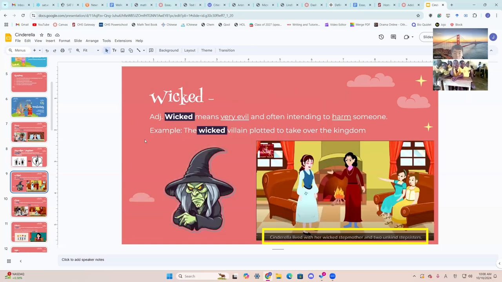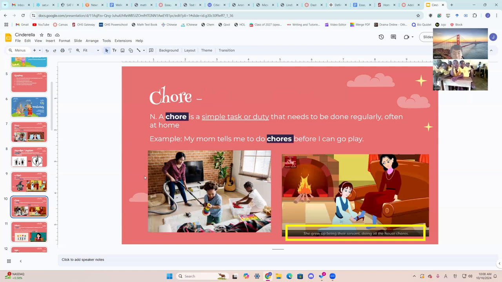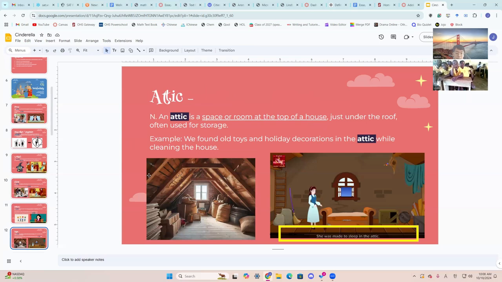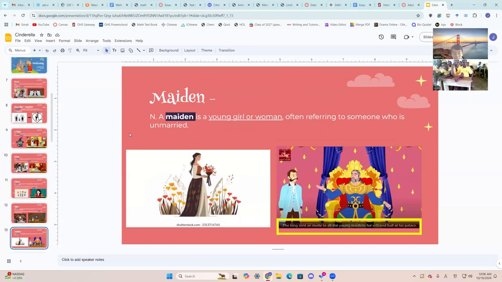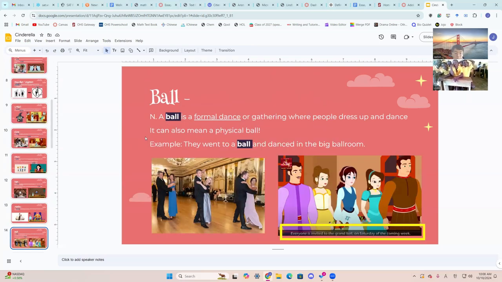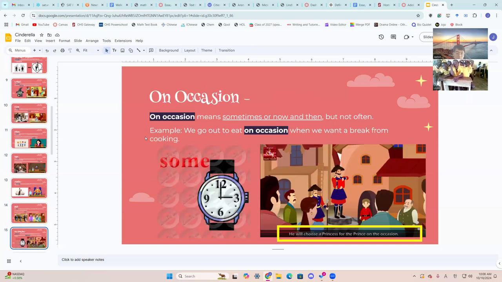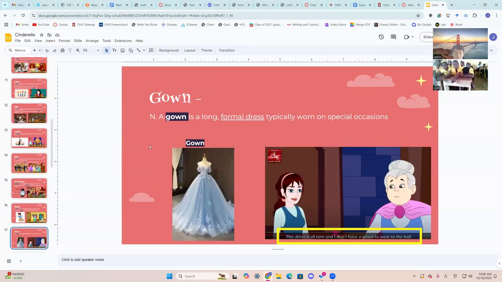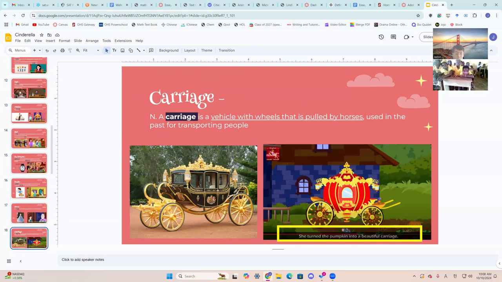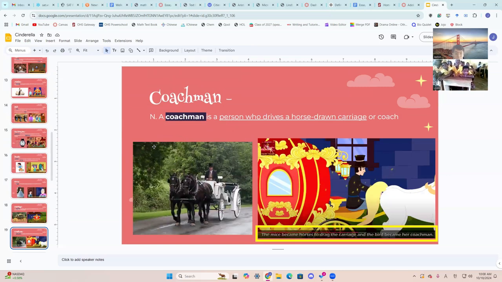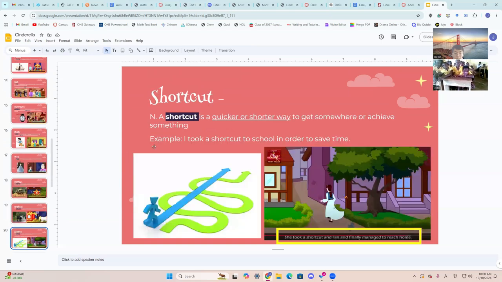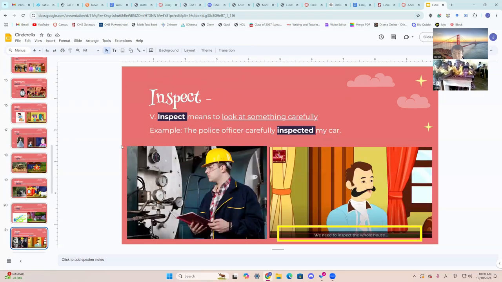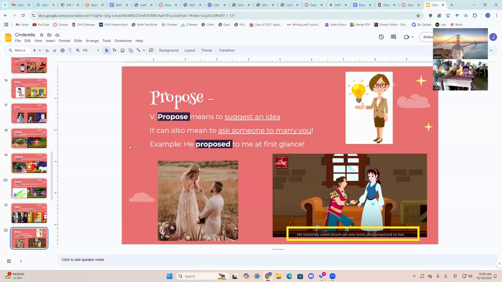Stepmother, stepsister, wicked, chore, drama, attic, maiden, the ball, on occasion, hustle, and gown, carriage, coachman, shortcut, and inspect, and propose.